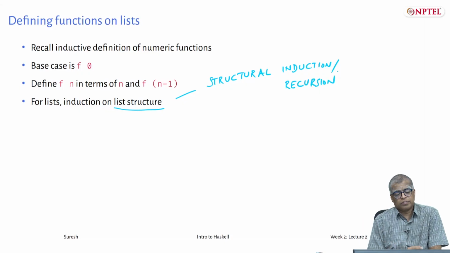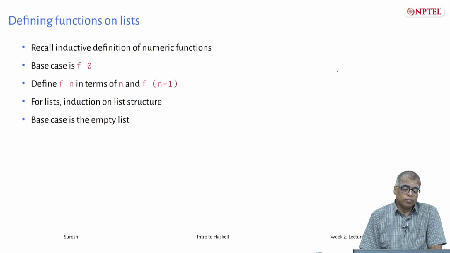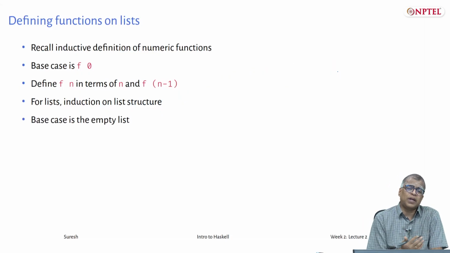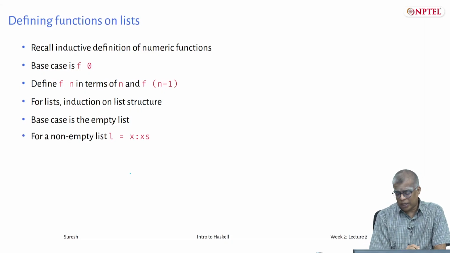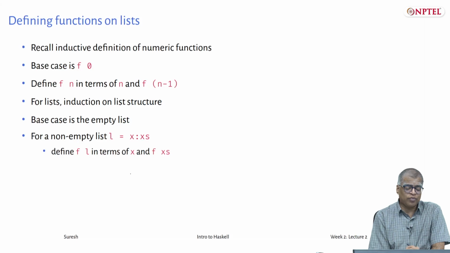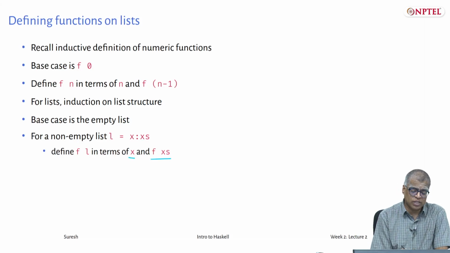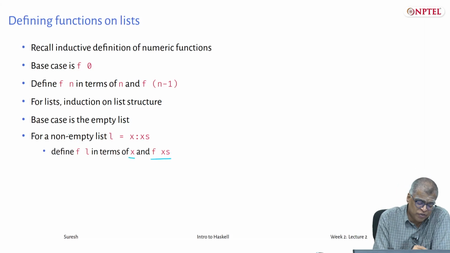So the base case is now the empty list, and for the induction case, for a non-empty list of the form x colon xs, you define f of l in terms of x and f of xs. Because f is a function on lists.